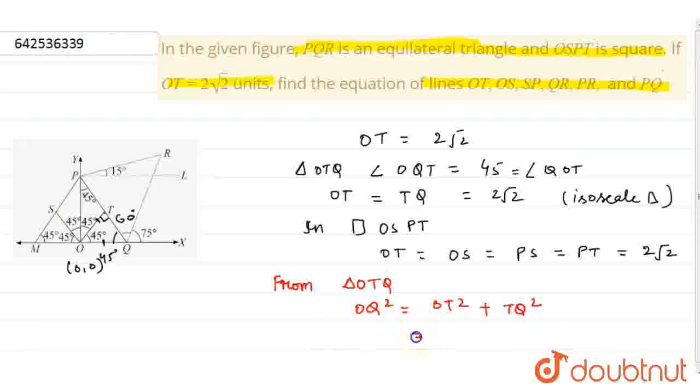And we have the value of OT, which is 2 root 2 square, plus TQ, which is also 2 root 2, right? So the value of OQ will be 4, right? So the value of OQ is 4, so the coordinates of this point are 4, 0, right?